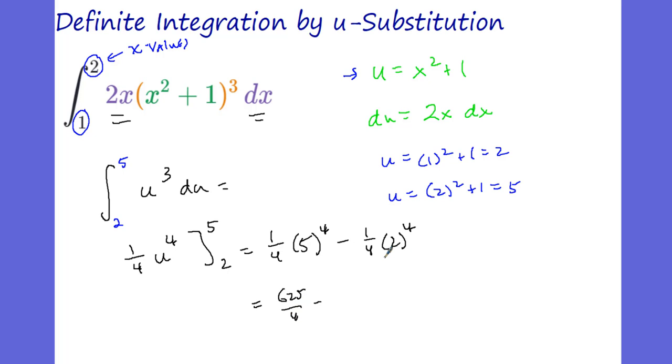Minus 2 to the fourth power, which is 16 divided by 4, which is 4. When I get common denominators, I would end up getting 609 over 4. 609 fourths is my area under this original graph's curve. And so that is using definite integration by u-substitution.